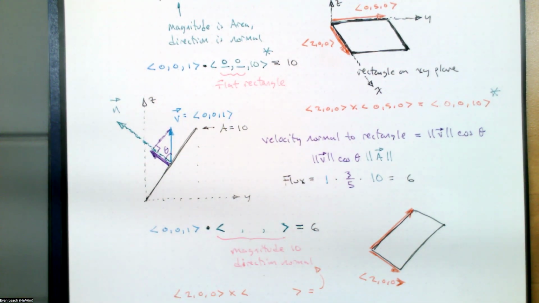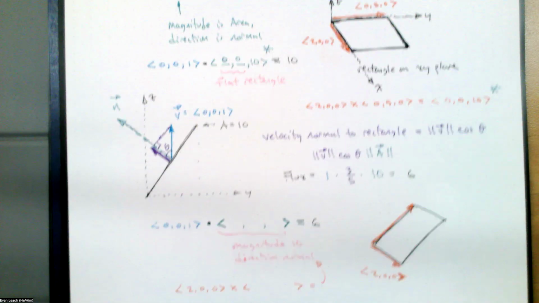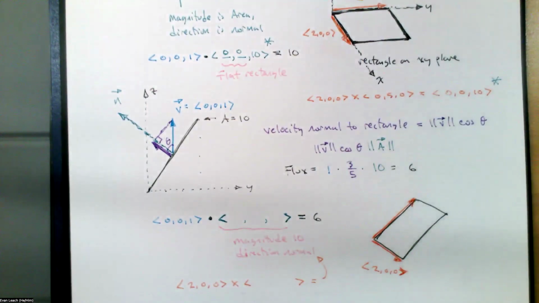What we saw from our simplified problem is that if we take the cross product of 2, 0, 0 and 0, 5, 0, that gave us a vector that had a magnitude of 10 and the direction was normal to the surface, which is exactly what we are after here. We got to grab that vector.